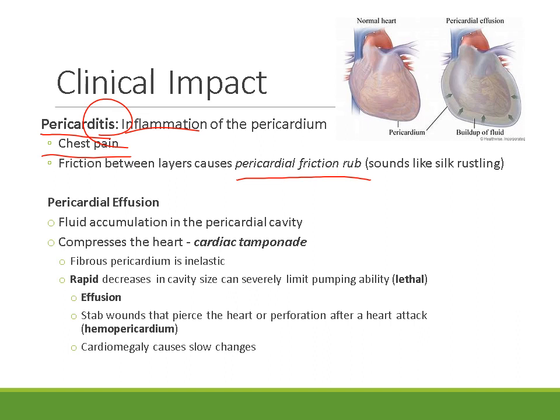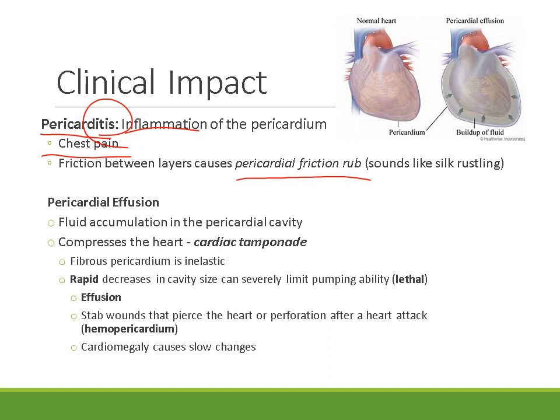If they have fluid buildup, we can give them something called diuretics, like furosemide, a loop diuretic, which causes fluid loss. So it just kind of depends on what's causing it. The way that we treat it depends on what's causing the pericarditis.